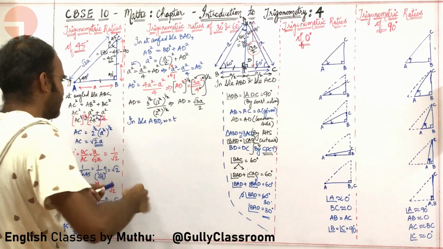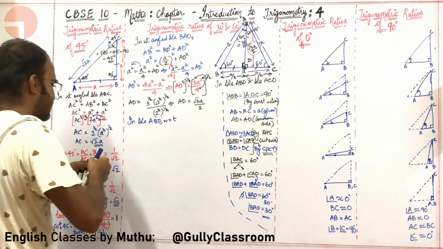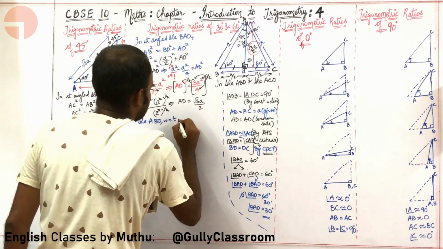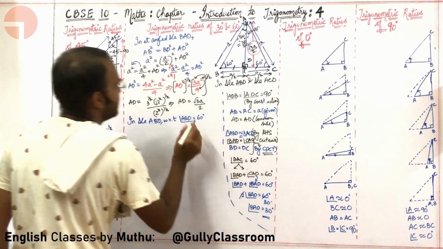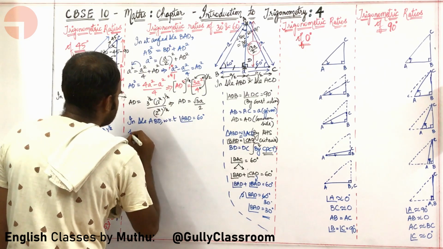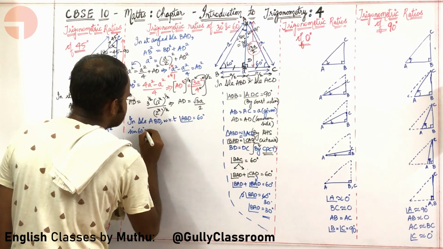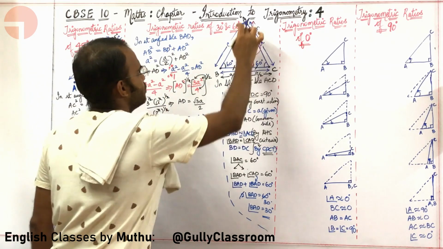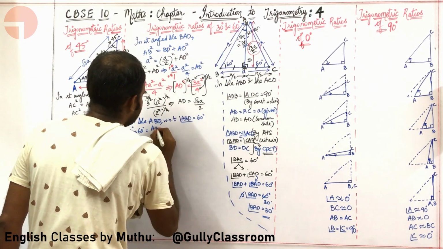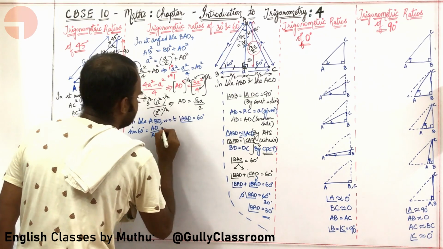Now I need to calculate with respect to triangle ABD. I am also going to take the angle ABD, which is 60 degrees. Let us calculate sine 60. With respect to 60 degrees, sine is opposite by hypotenuse. Opposite here is AD, hypotenuse is AB.